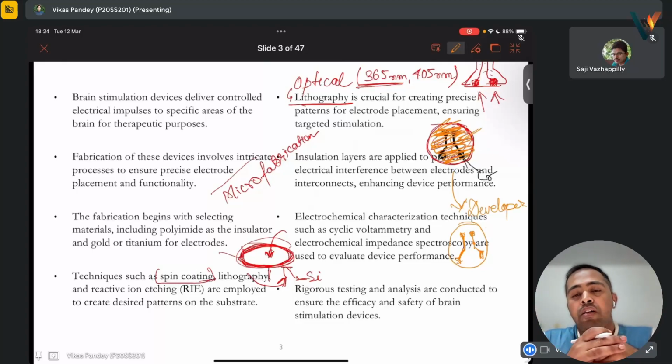Subsequently we also want to remove the other areas below it. Then we do something like reactive ion etching, in which we remove the material. Like you discussed in PCB making, there you were dissolving the copper in some specific material, right? Acid, I think, in which you dissolve the copper.